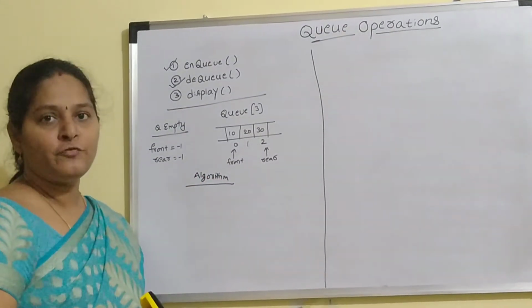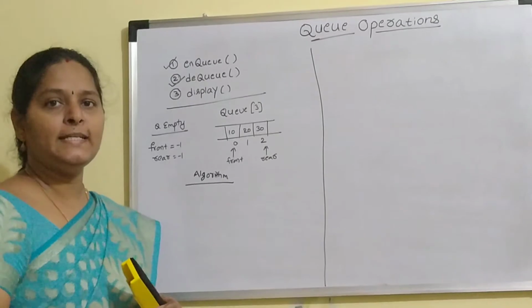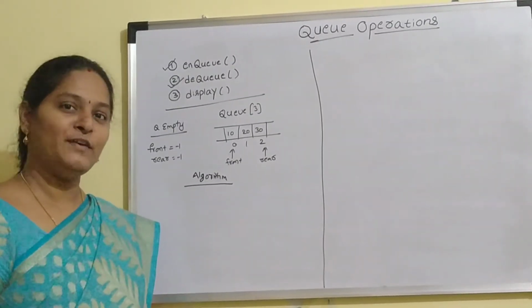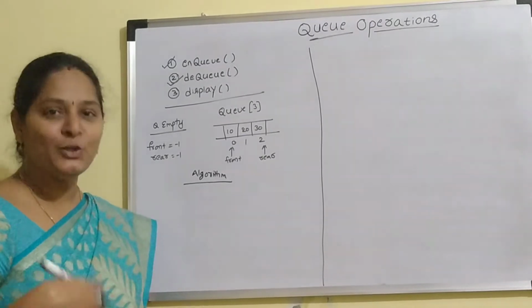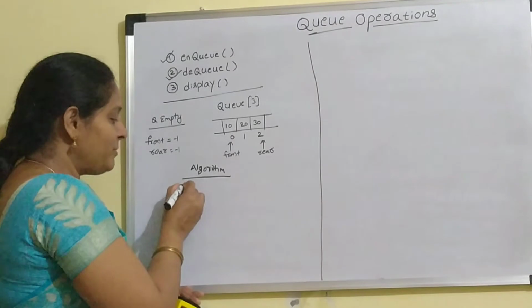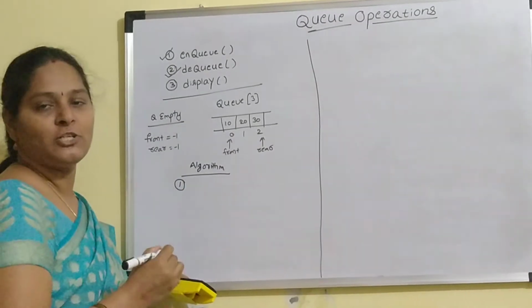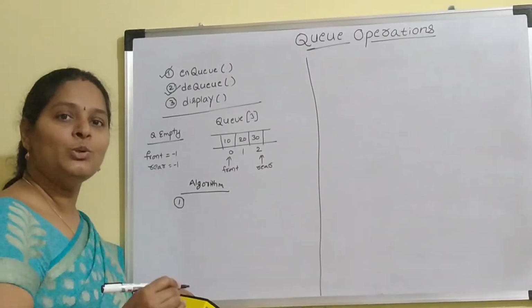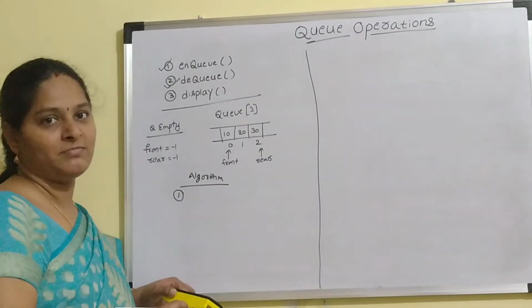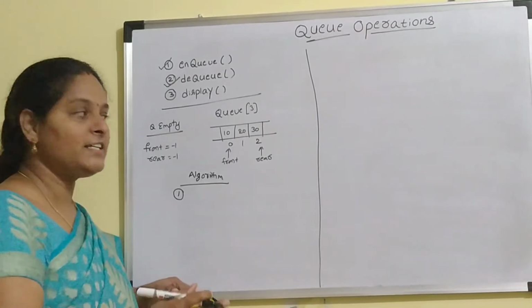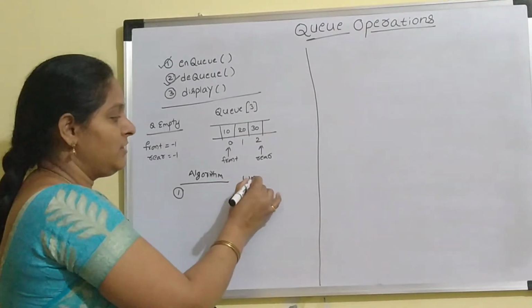Algorithm. First of all, if you want to delete elements from the queue, it should not be empty. If the queue contains some elements, then only we can delete the elements. So, while performing the dequeue or deletion operation on a queue, first of all we need to verify whether the queue is empty or not. If the queue is empty, that empty condition we call the underflow condition.